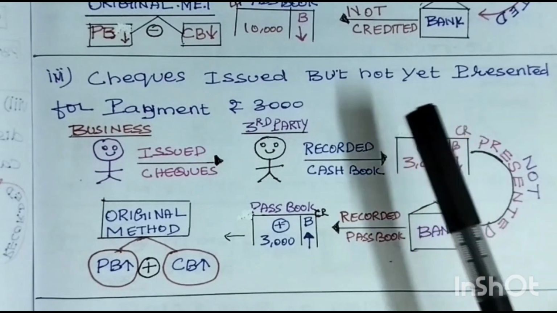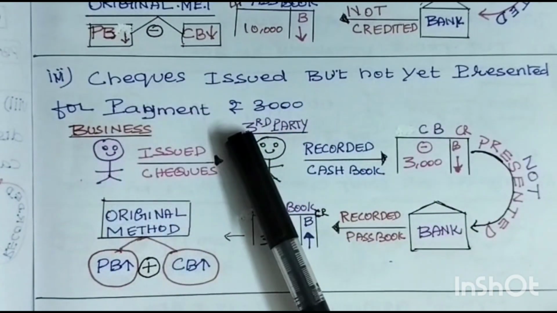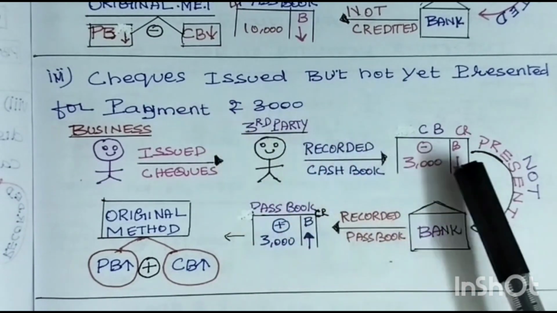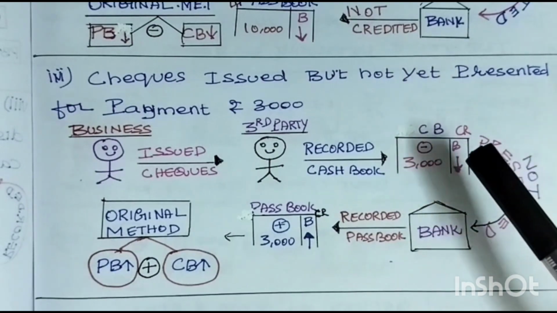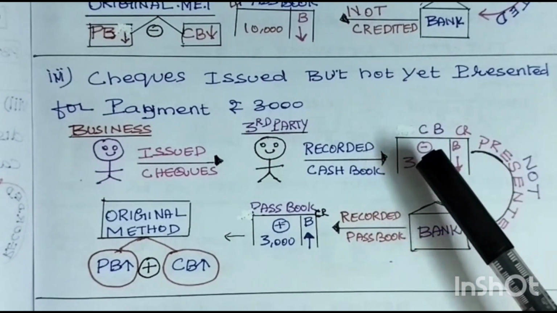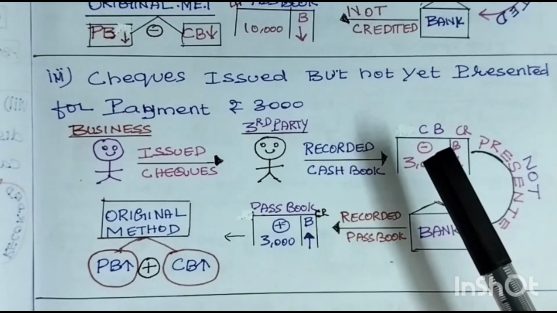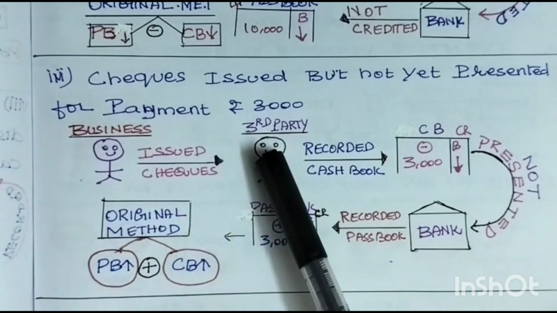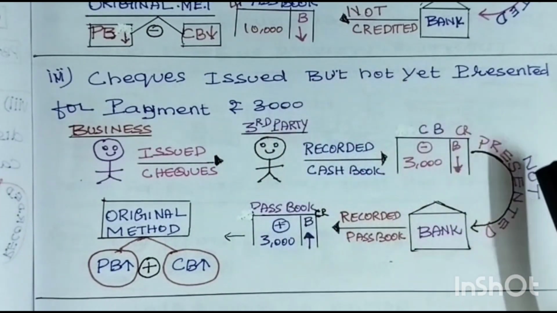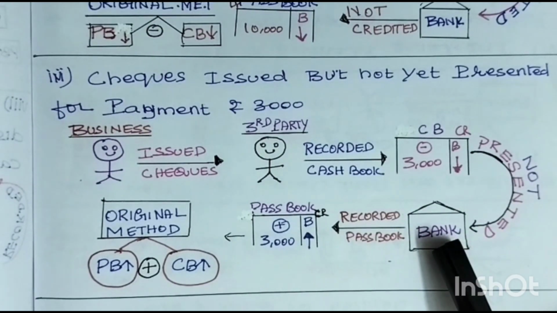Then what happened? The issued cheque was not yet presented for payment. After recording it in your cash book, what happens? To whom did you issue the cheque? To a third party you issued the cheque. That third party didn't go to the bank and deposit the cheque.